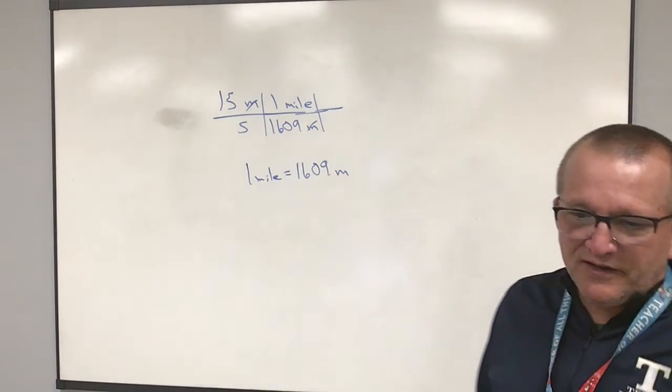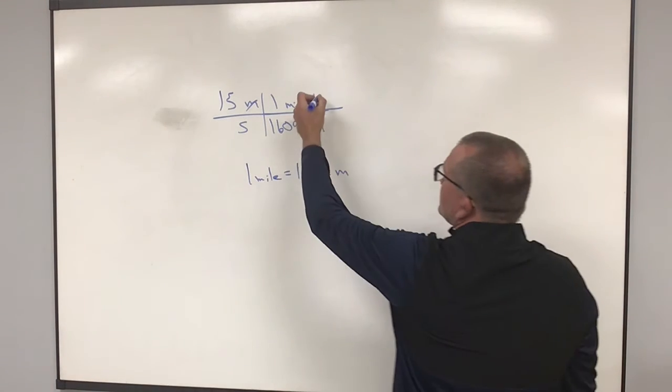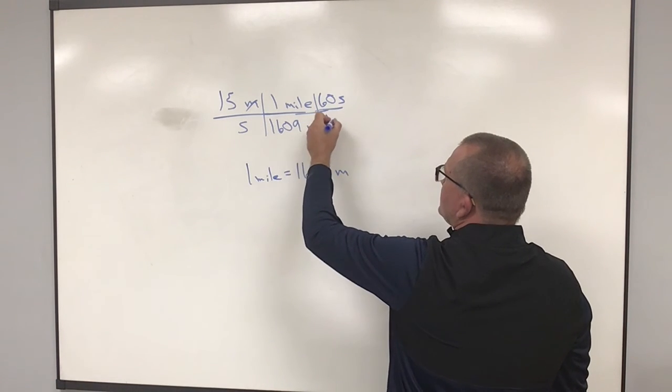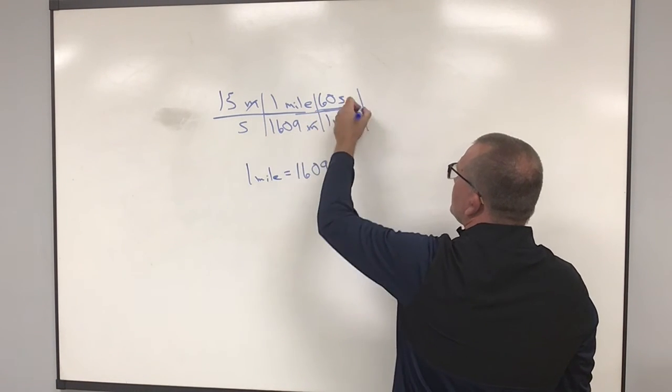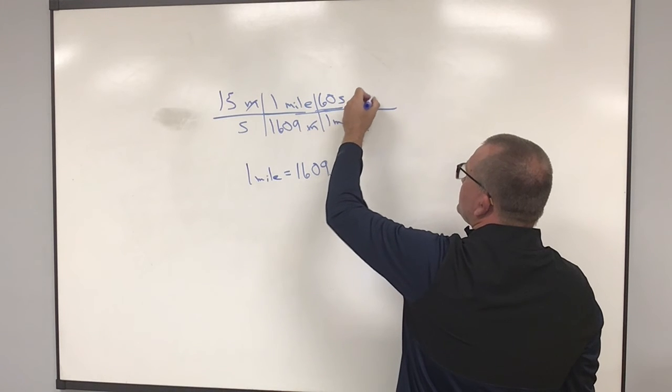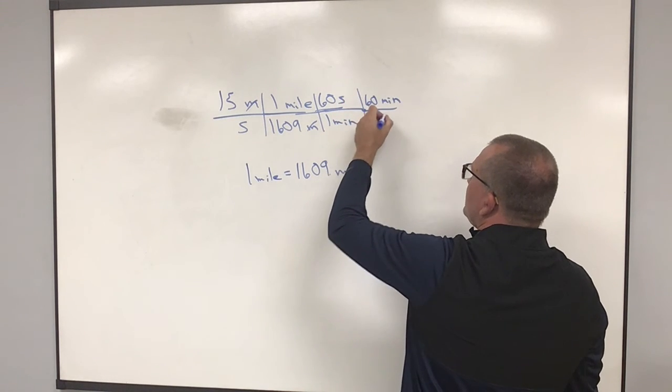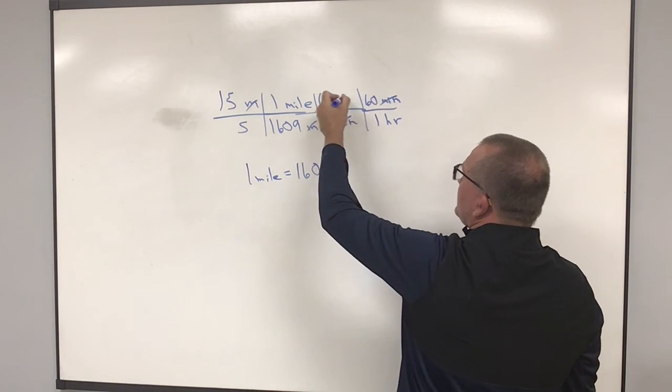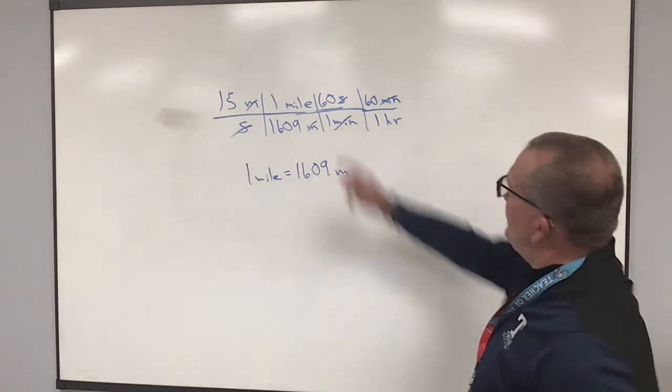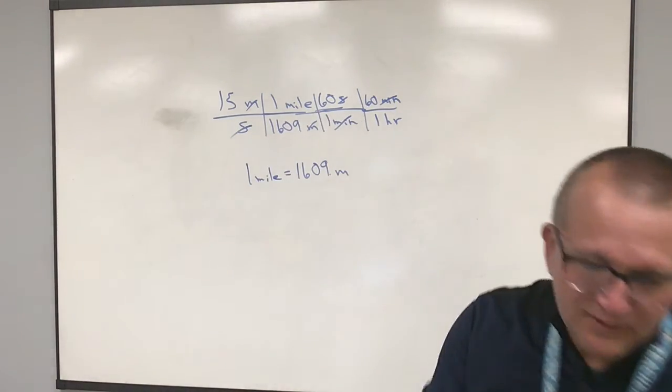I'm in miles per second. I want to go from seconds to hours. 60 seconds and 1 minute. And then there's 60 minutes and 1 hour. Minutes cancel, seconds are here. I got miles and hours left.